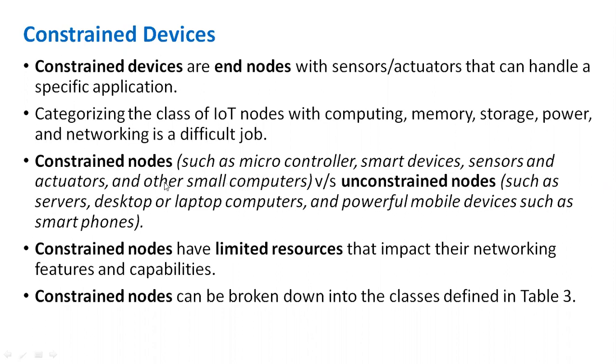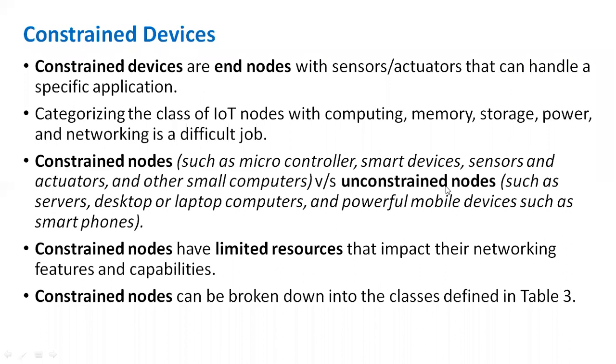Just imagine that these are not large equipment or devices. They are very small and minute devices which require a very small amount of resources. It may be power, storage, memory, or computing. So constrained nodes can be embedded in other nodes or other devices. Now I think you understood.